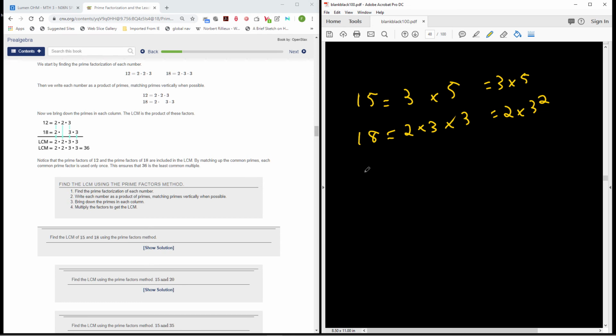So the rule is the greatest occurrence of 2's times the greatest occurrence of 3's times the greatest occurrence of 5's in any one factorization. So my LCM is going to be 2 times, the greatest occurrence of 2's is 1 time, the greatest occurrence of 3's is 2, so 3 squared, times 5.